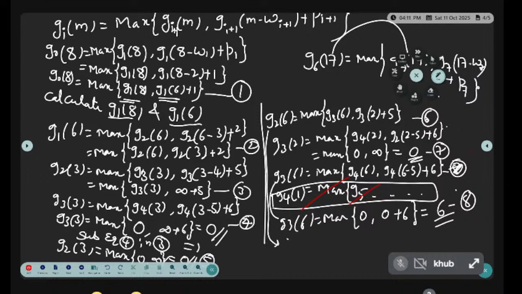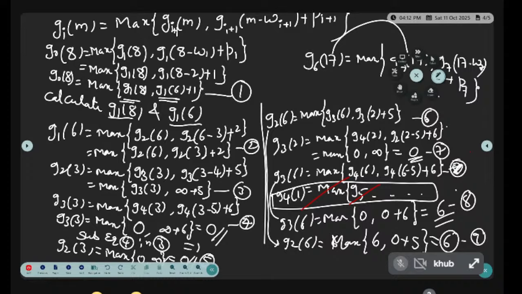So G2 of 6 is equal to maximum of G3 of 6, which is 6, comma G3 of 2, which is 0 plus 5, is 6 only. Equation 9. So substitute the G2 of 6 value.